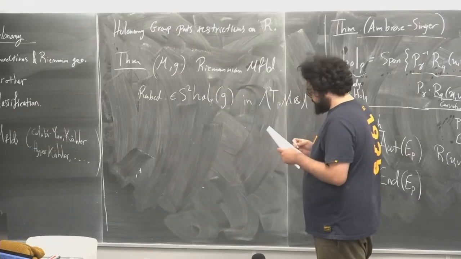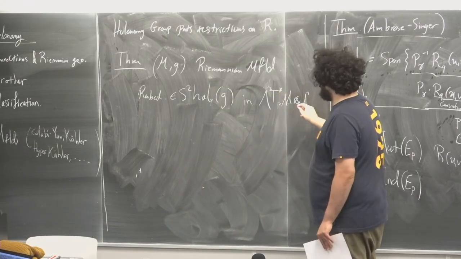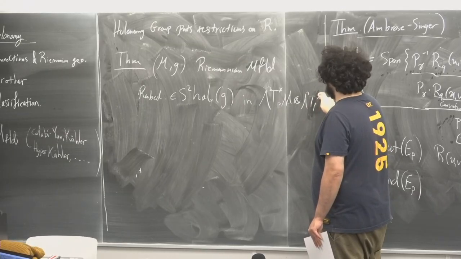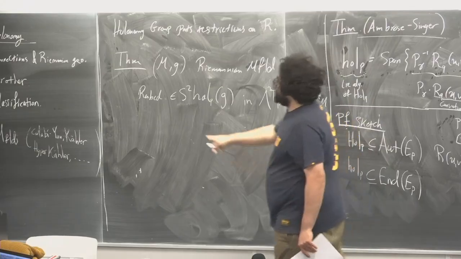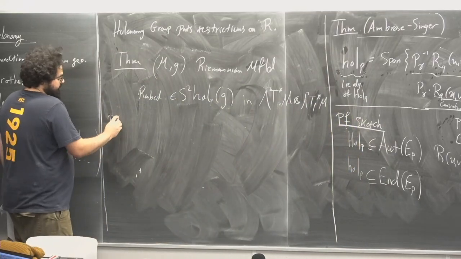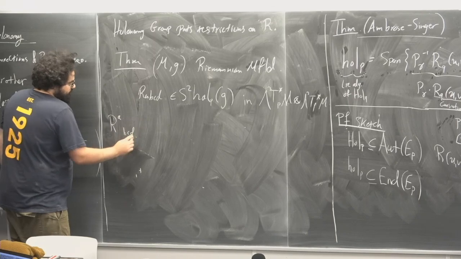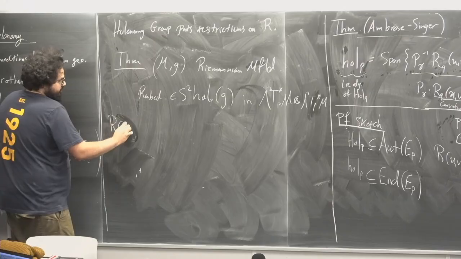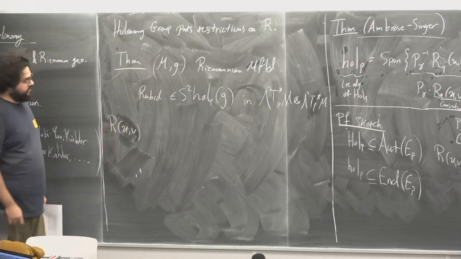I probably should have asked this ages ago, but R_abcd, are those just coordinates? Yeah, this is in index notation. If you remember, initially R ate two things and gave us an endomorphism.